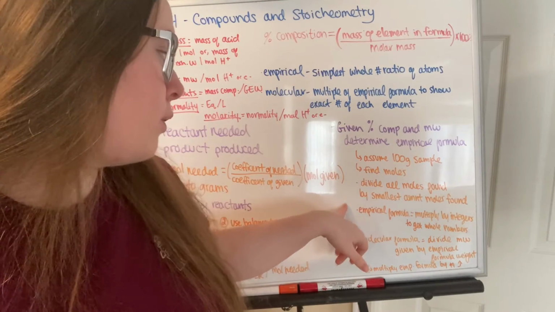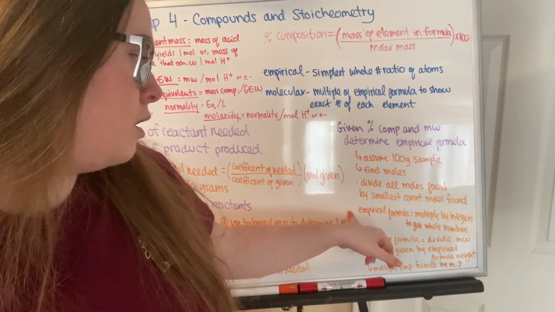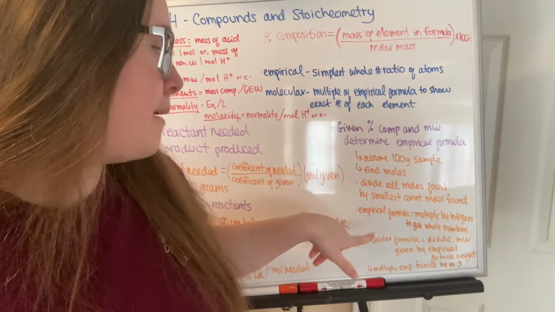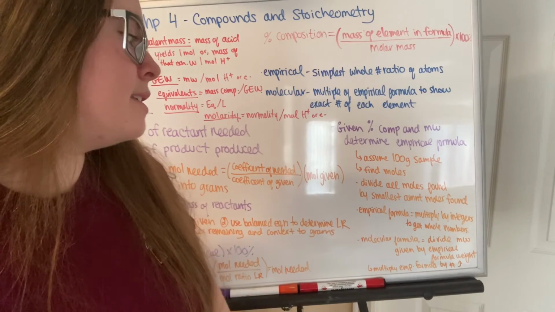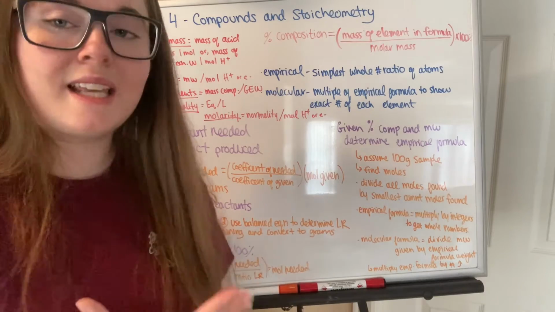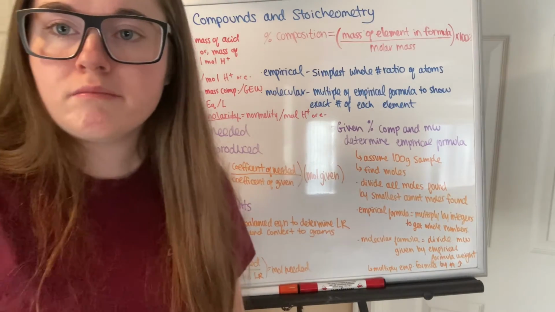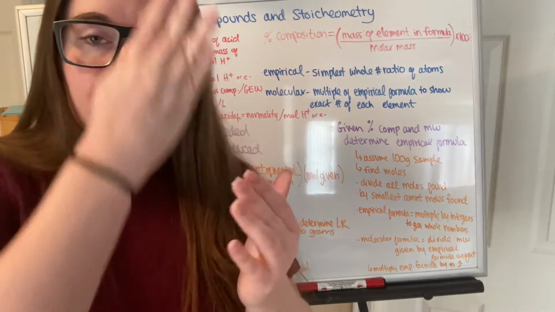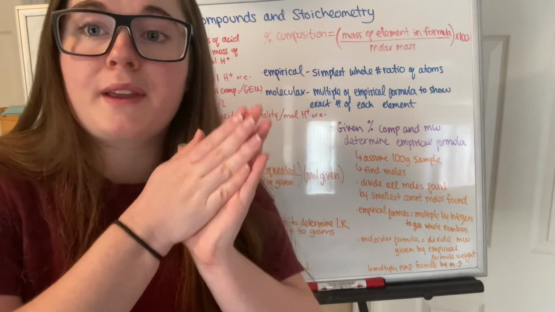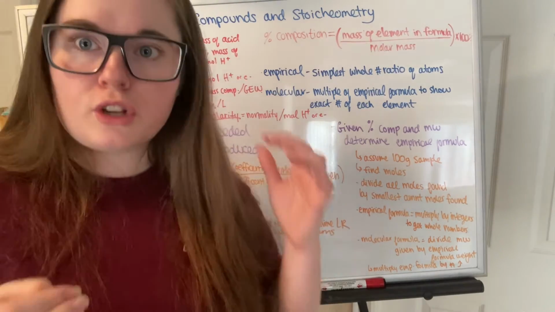Then, for the empirical formula, you multiply those numbers to get whole numbers. So you're just going to multiply those numbers by a factor that will give you a whole number, and that is your empirical formula.